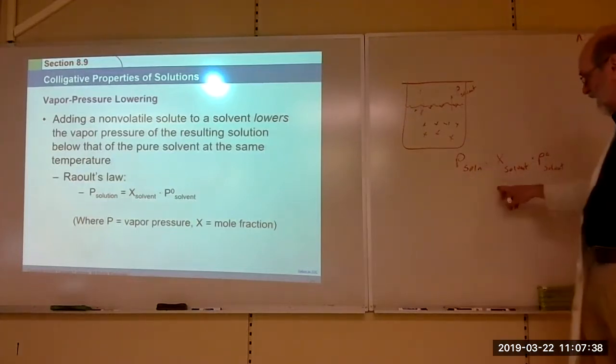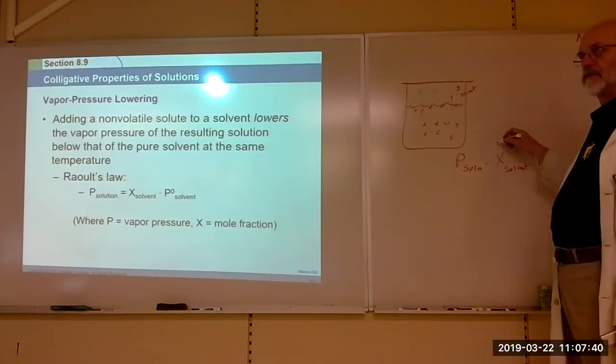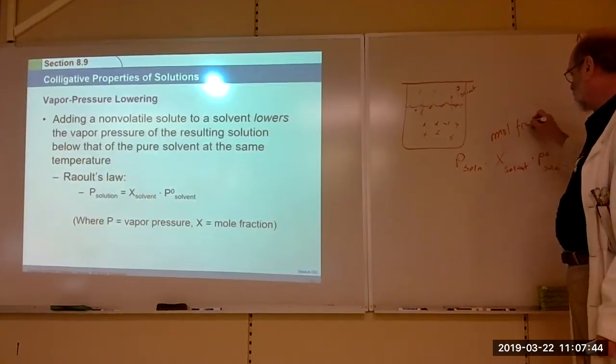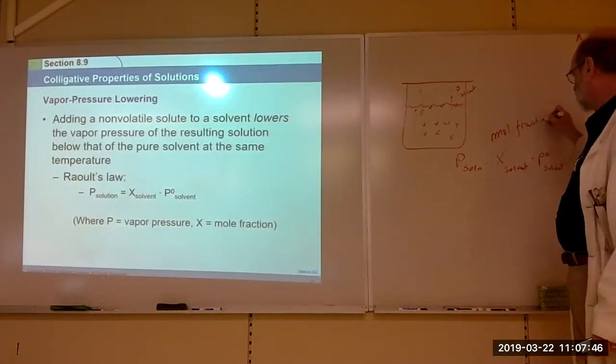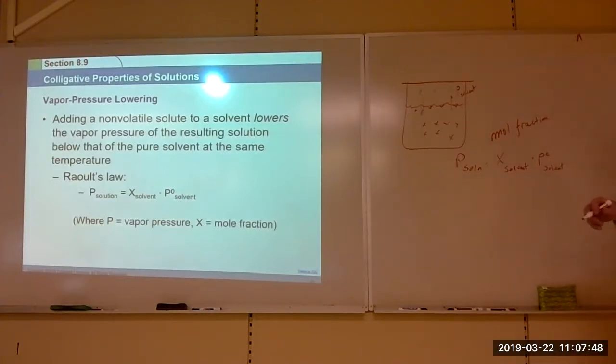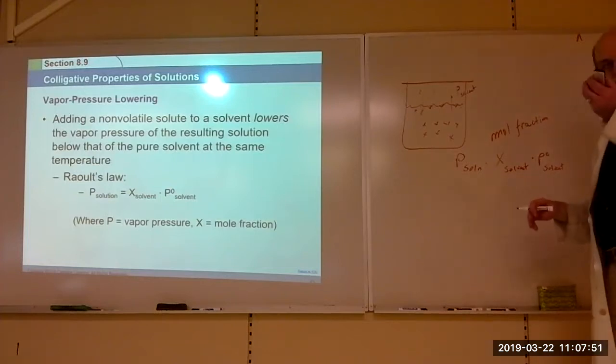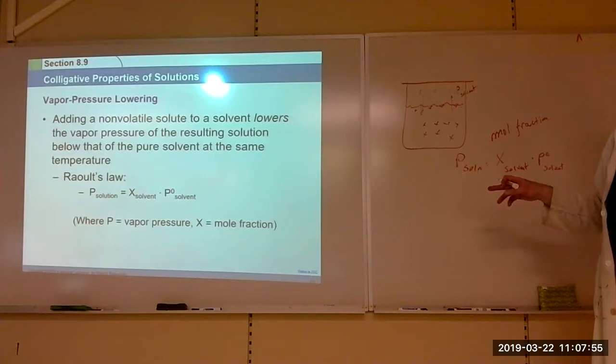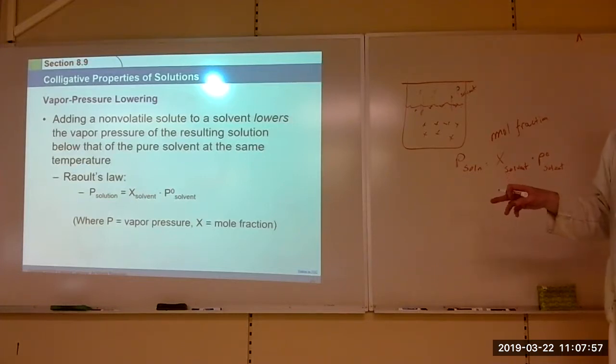This X value is called the mole fraction. So that just means in a sample, how many moles of solvent are there relative to the total moles of the solution. So that's why it's a fraction less than 1.